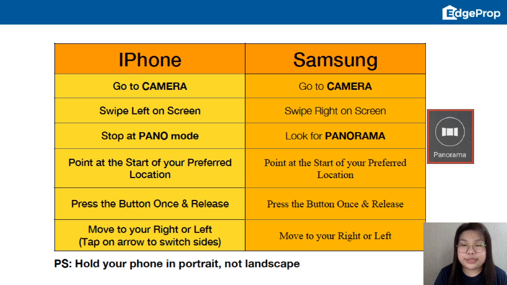This is very important. And then of course, other than that, you should be able to capture the full panorama photo. Make sure that your hands are not shaky, don't go up and down, follow the line, and be as stable as possible when you take the photo, okay?